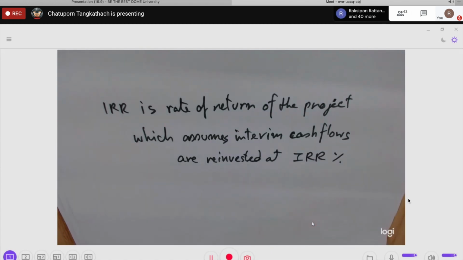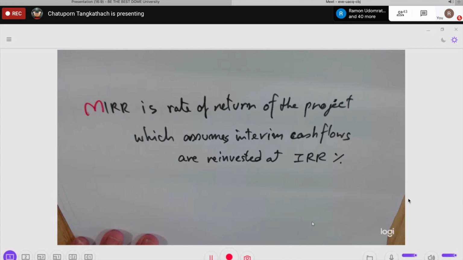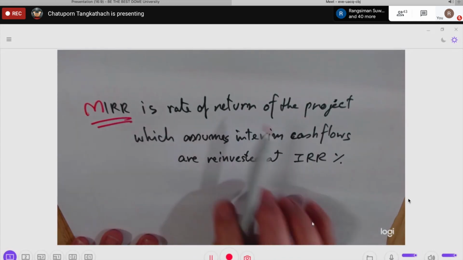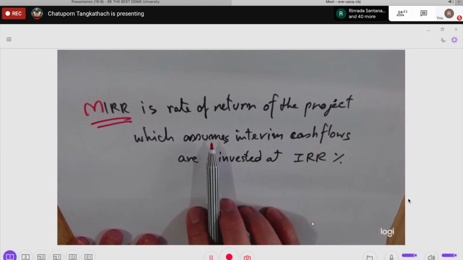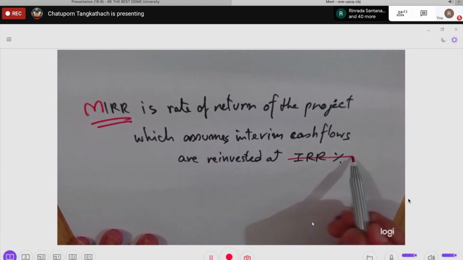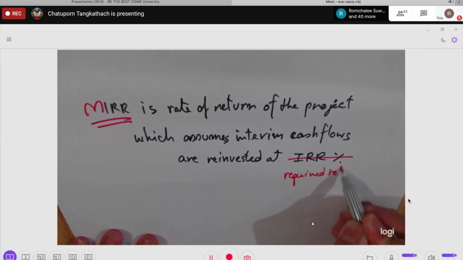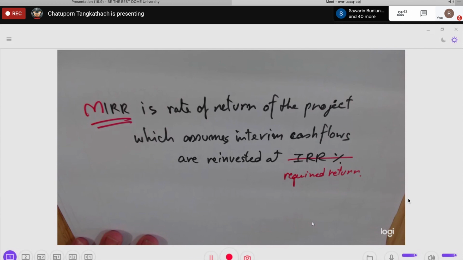This is for IRR. Now, if you change this to MIRR, same thing, it is the rate of return of the project, which assumes interim cash flows are reinvested at the required return. This is the main difference between the two. Any other things are the same except this one.